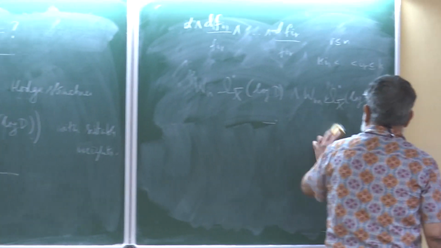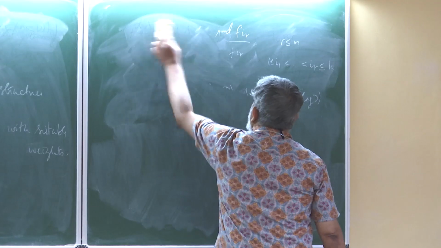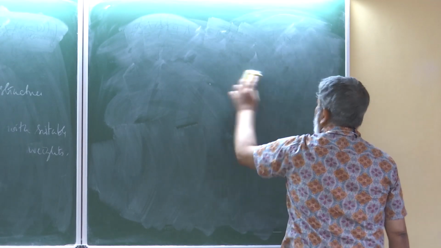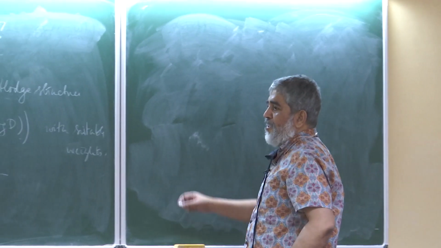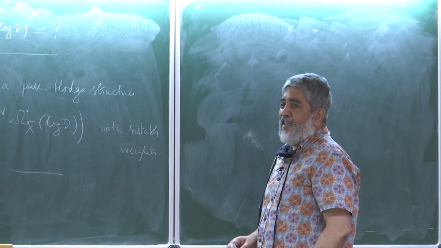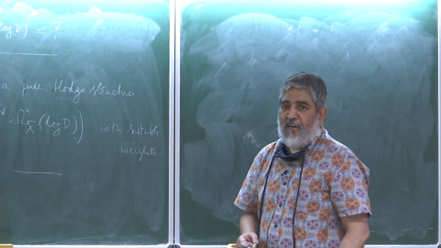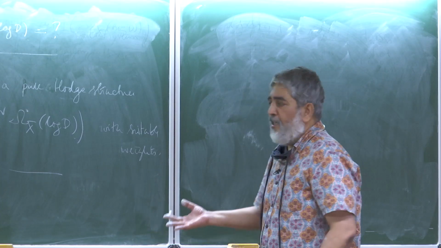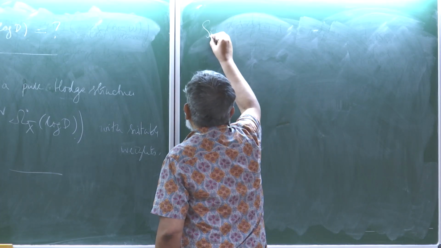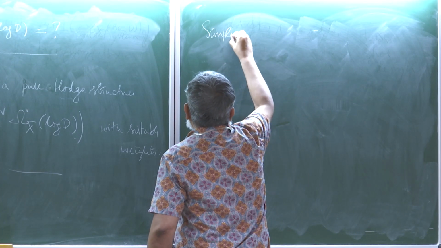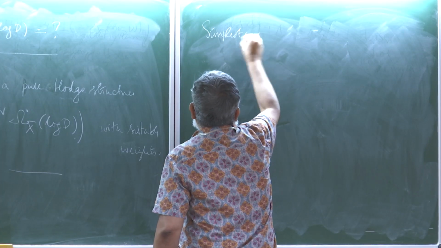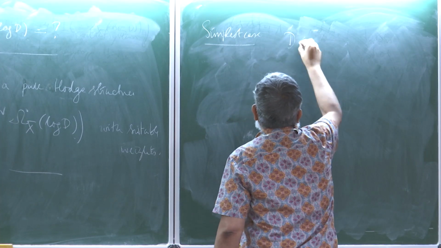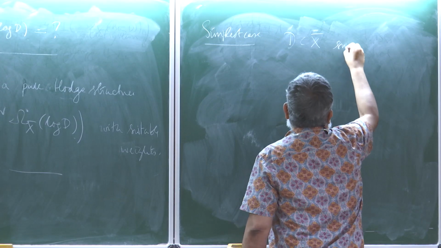And notice what is happening. Let's take the simplest case, and essentially that's all we really need to understand. Take the simplest case where there is exactly one divisor and that divisor is smooth: D contained in X bar, a smooth divisor.